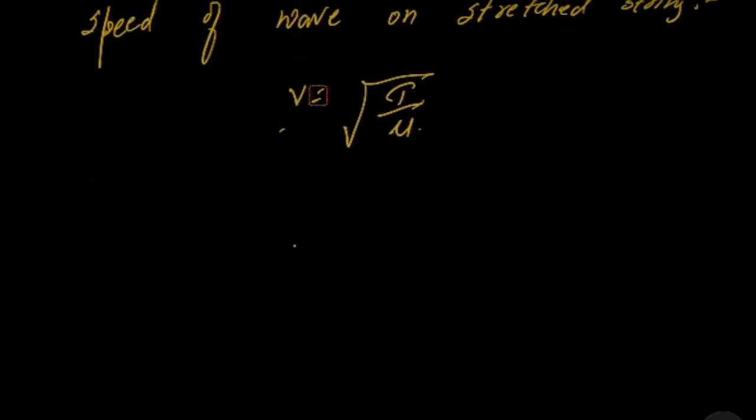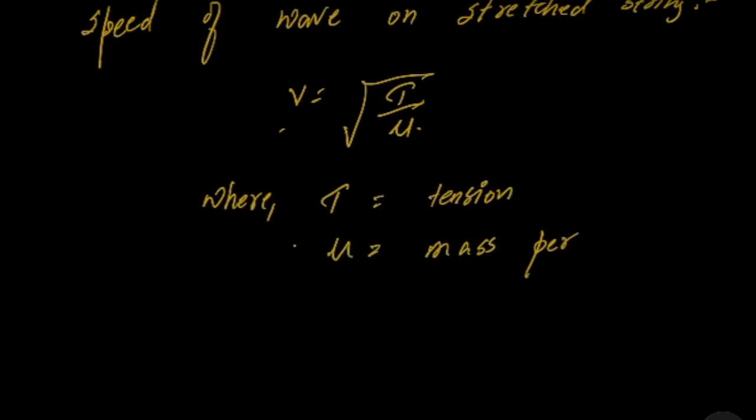It means it depends on T and mu. And what is T and mu? T is tension and mu is mass per unit length. So this velocity depends on tension and mass per unit length, as you can see.